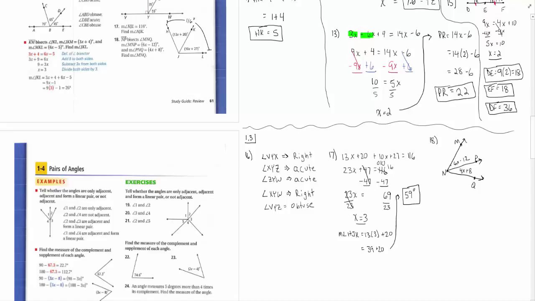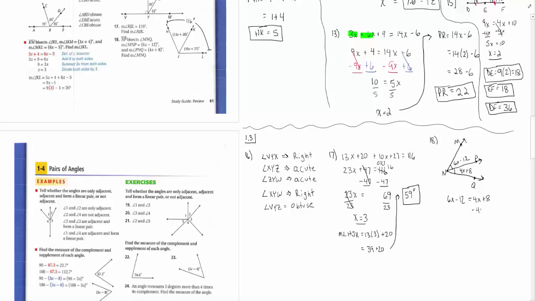Because these are bisectors, I can set those angles equal now. That's what bisector means, cuts into two congruent angles. So that means the measures are equal. So I can set them equal and go 6x minus 12 equals 4x plus 8. So I'm going to do a little bit of algebra now.